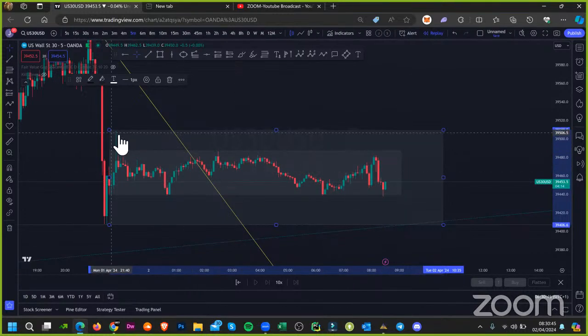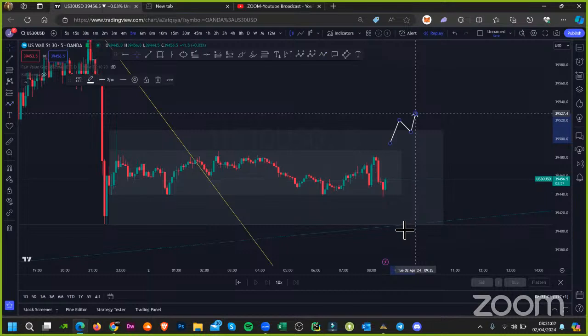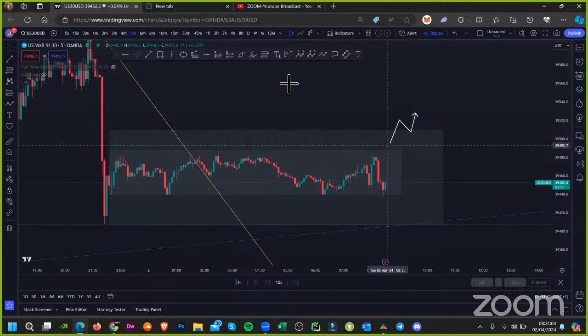I wish this wick wasn't there and I could just clearly have that range around this level. But ultimately, if I was to give any type of advice of what we should be looking at, I'd say you're going to wait to see what happens outside of the bigger box.